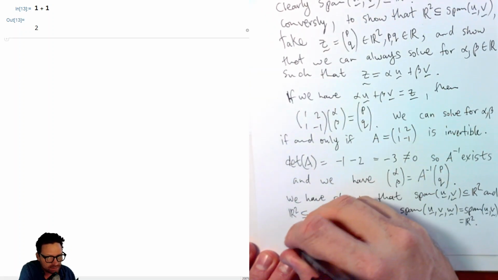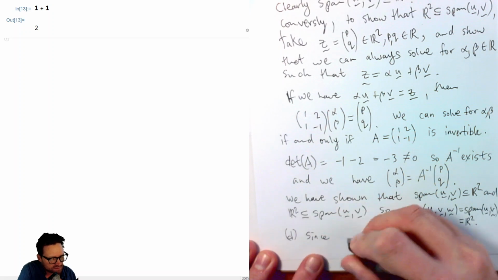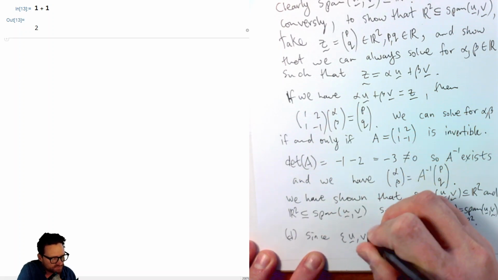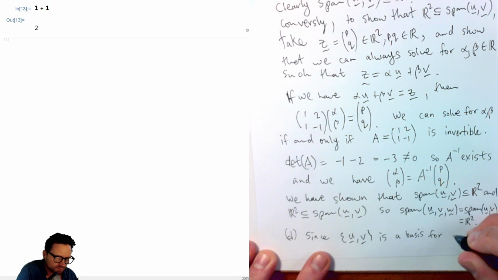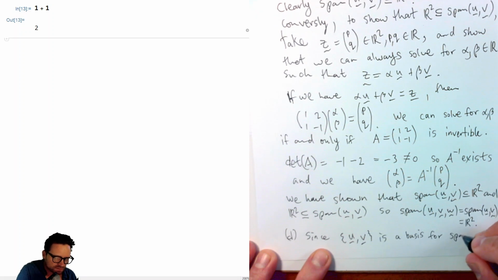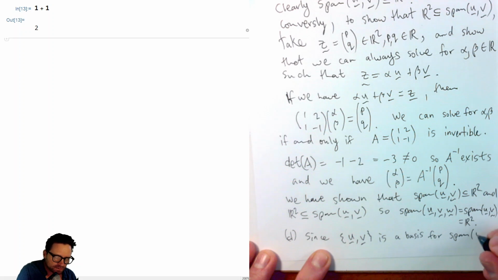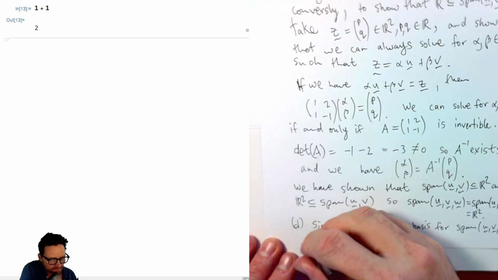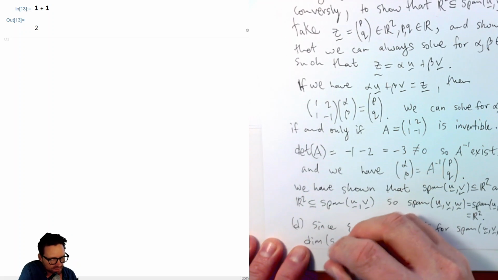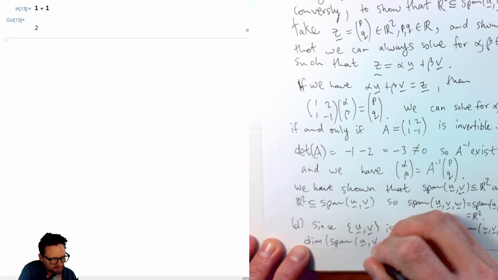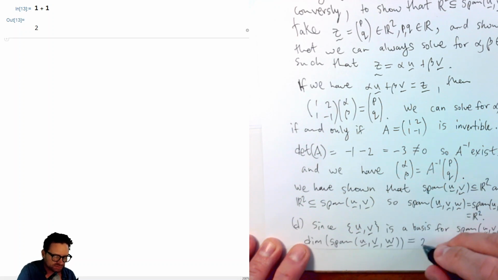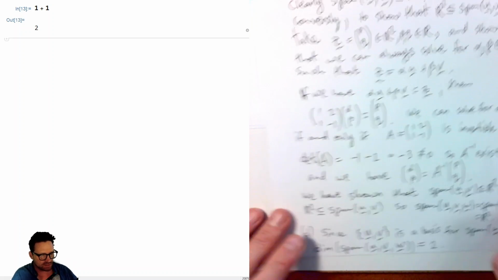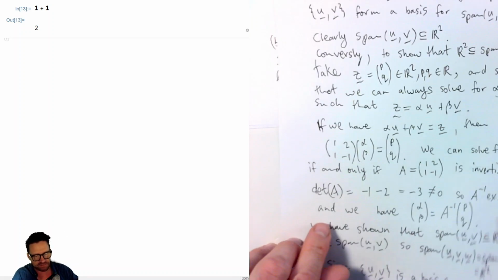Okay, so part D: since U, V is a basis for the span of U, V, W, the dimension of the span of U, V, and W is the number of elements in this basis, which is 2. Okay, let's move on to the next page.